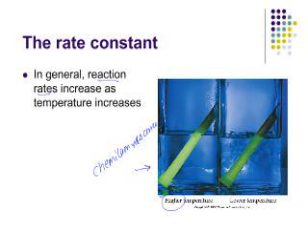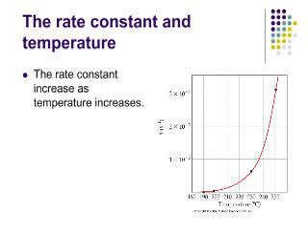And at a higher temperature, you see it glows much more brightly than when it's cooled down. The reason for this, there's a couple of things. One is that the molecules are moving faster, and so they're colliding more frequently. This also means that the rate constant increases as temperature increases.